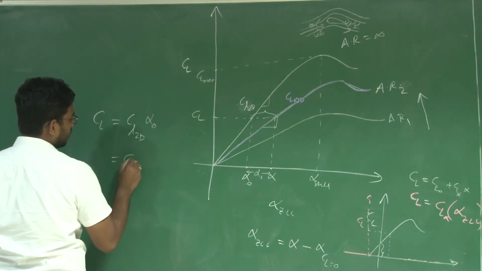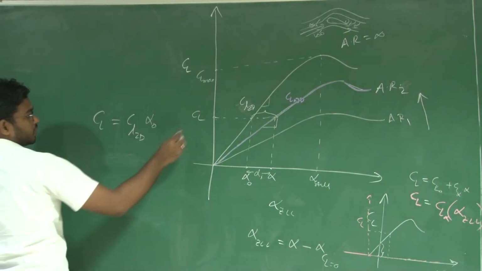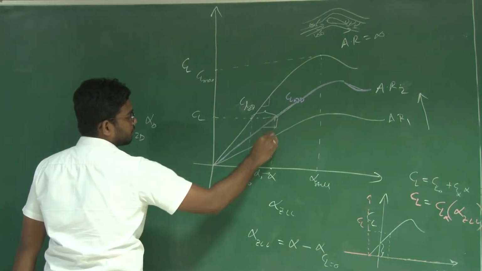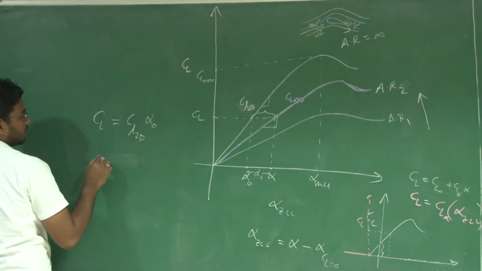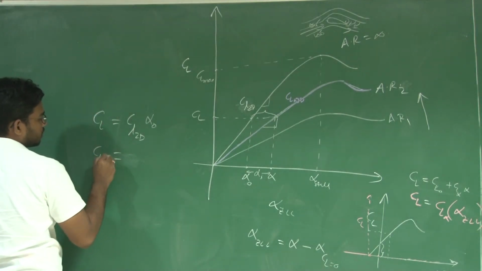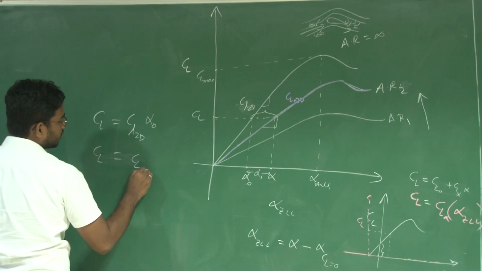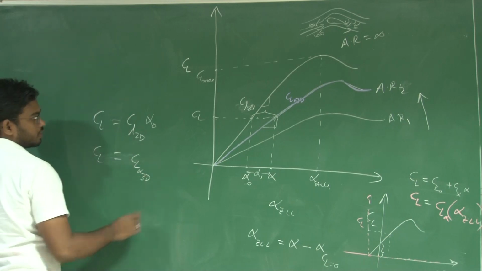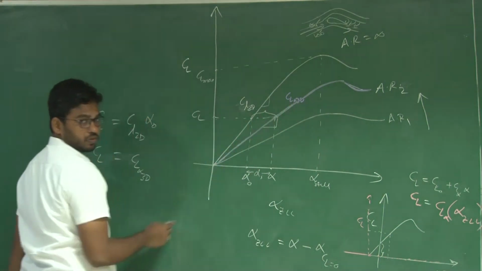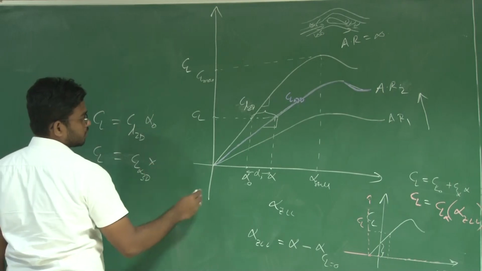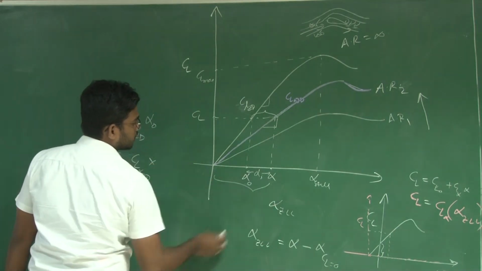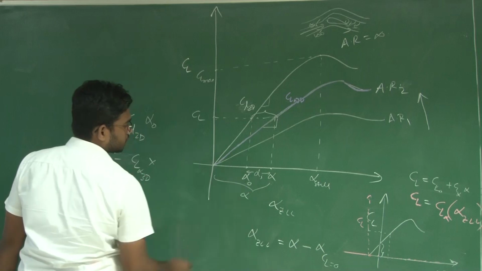So this is alpha naught. Now the same CL, if you want to find out from the wing, this equals CL alpha 3D, for the wing with finite aspect ratio, into alpha.